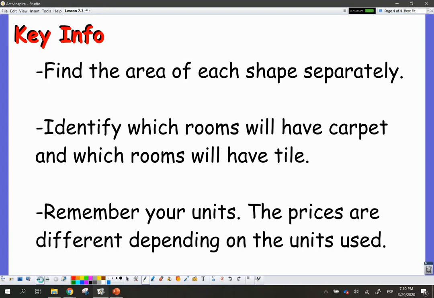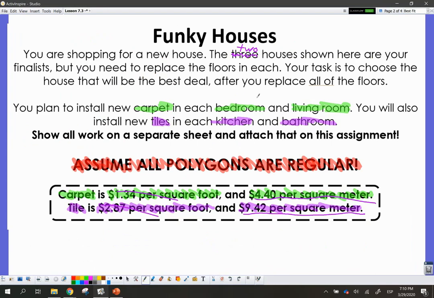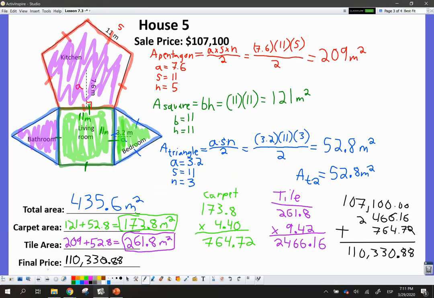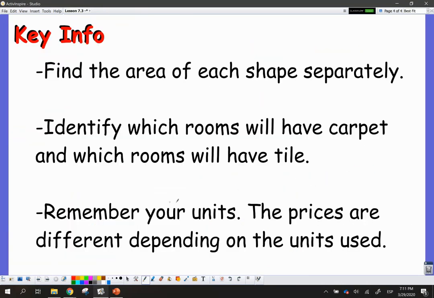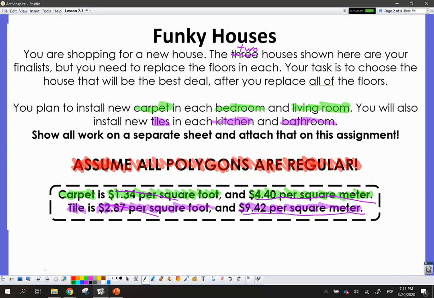So remember, take a look at your instructions. Make sure you underline, highlight whatever you need to know that difference. And finally, remember your units. The prices are different depending on the units that we use. So if you're using square feet, make sure you use these prices. But if you're using square meter, then use those prices.